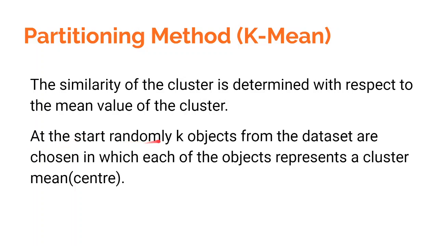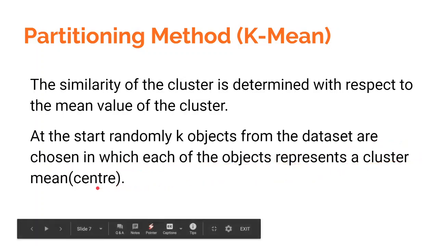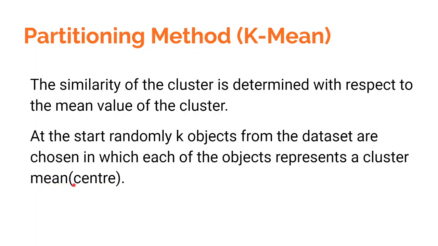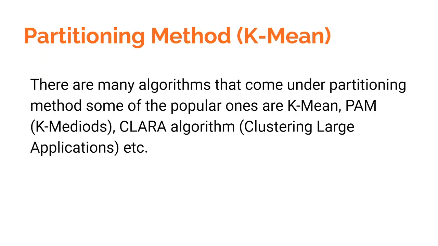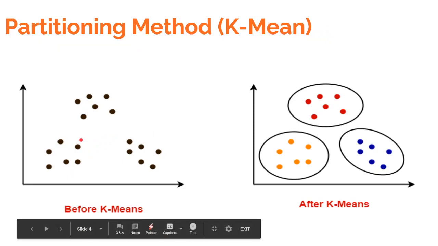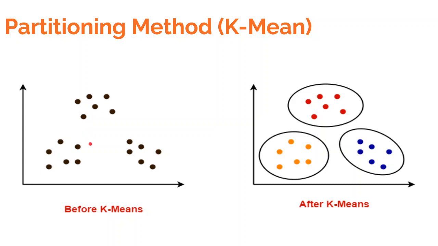At the start, k objects from the data sets are chosen randomly, in which each of the objects represents a cluster, that is considered as the mean center value. So here, as I specified earlier, the user may define any random value for k objects from the data set. So initially these k values are considered as a cluster mean center.